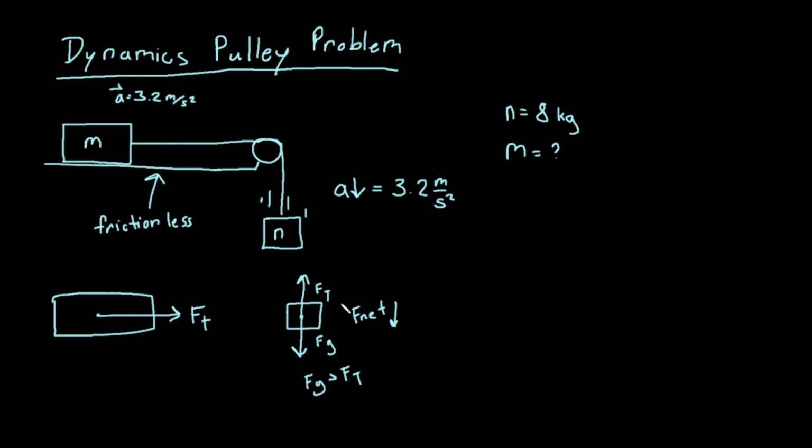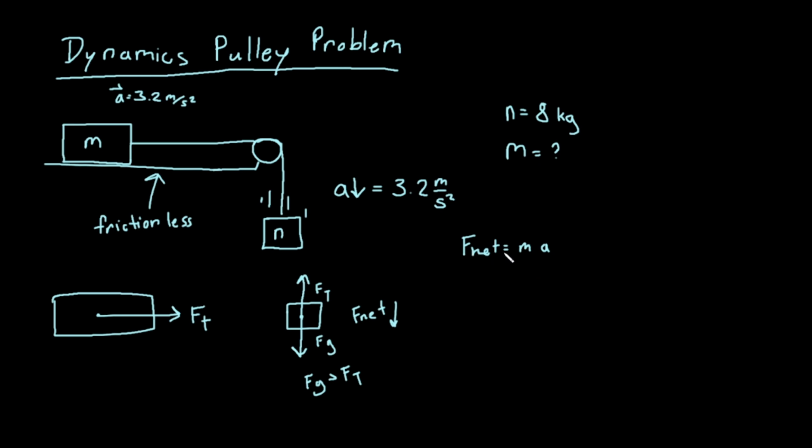We can calculate the Fnet of mass n, since Fnet is equal to mass times acceleration. By finding our force of tension here, we can also find the force of tension here, since they're both in the same system. So by finding force of tension, we'll be able to find the Fnet of mass m, and with acceleration, we'll be able to find the mass m. So back to our force net of n.